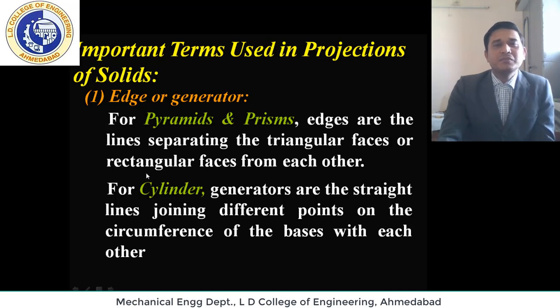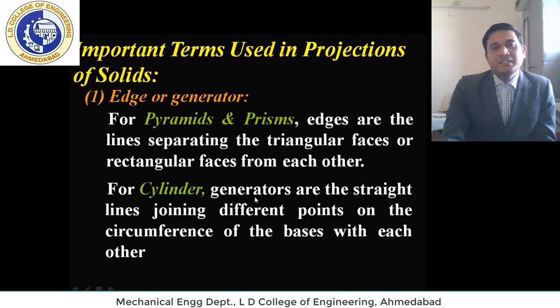In the case of prisms there are rectangular faces, and in the case of pyramids there are triangular faces. So this is known as the edge. Now for cylinders, we have to use the word generator, not edge. In the case of pyramids and prisms, we use the word edge, but in the case of cylinders, we use the word generator.